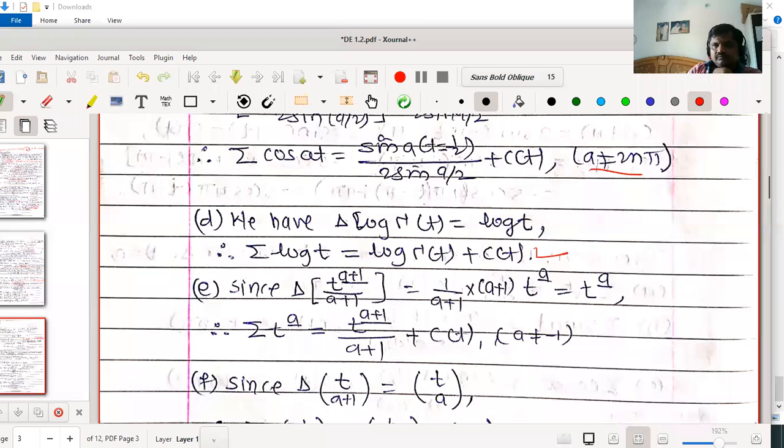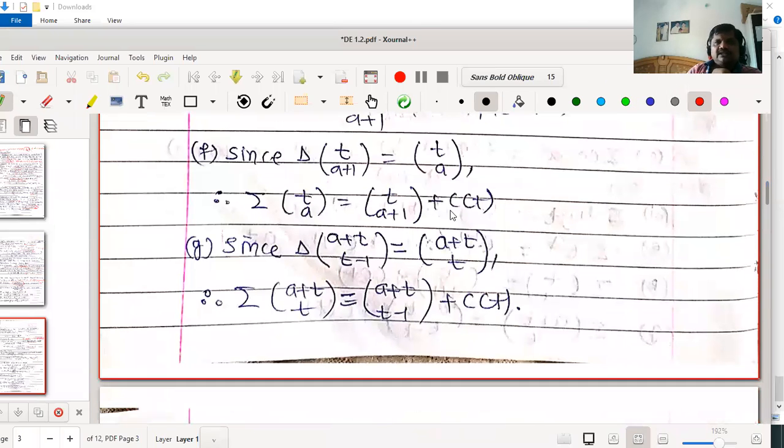Again, delta of t to the falling a plus 1 equal to t to the falling a. We know the formula for delta of t to the falling a. The formula is t to the falling a minus 1, the power decreases by one from here. So delta of t to the falling a plus 1 is t to the falling a. Here this term is decreased by 1 now. Therefore, summation of t to the falling a is equal to t to the falling a plus 1 plus c.